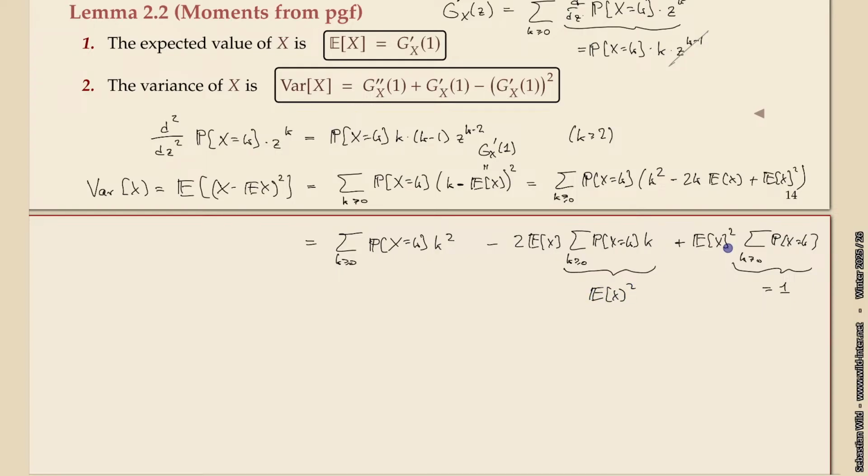So we have 1 times E[X] squared minus 2 E[X] squared. That leaves us with the minus E[X] squared. And this one, we can split up again to look a bit more like this one. k squared is the same as k times k minus 1 plus k. And that's where we have another E[X] from.